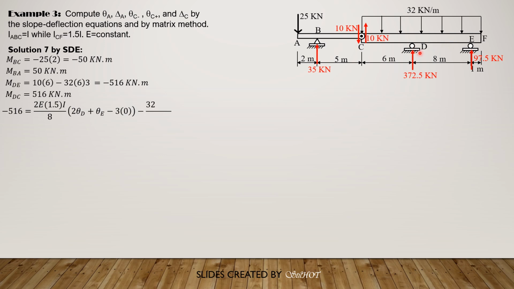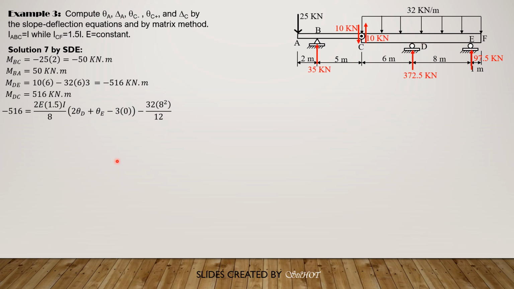So moment DE equals 2 times E times 1.5I over L, 8, times quantity 2 theta D plus theta E minus 3 times delta E, because the chord joining D and E are supports, so the chord will be horizontal, so there will be no delta E, 0 over L. Then minus fixed moment at D, because D is in the left of E, then it is negative 32 L squared over 12.